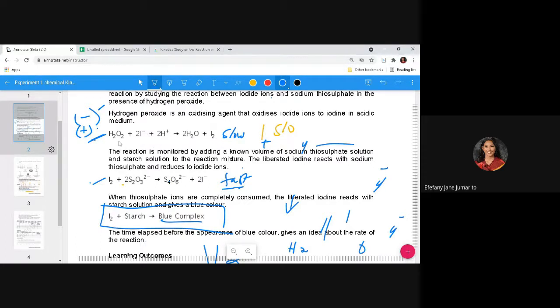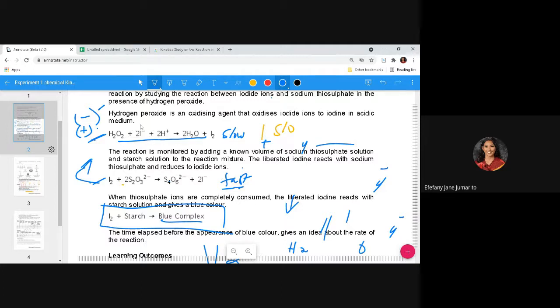This is slow because it needs something very fast to pull it for the reaction to proceed, since it is the determining step.